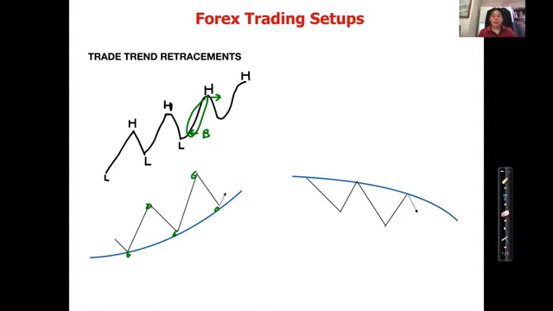So every time it breathes in, the moment it hits a level of support, like a moving average or a trend line, and you see some kind of bullish candlestick pattern, right? So you have to combine candlesticks with trends with moving averages. So you see a bullish engulfing, you see a pin bar, boom, you get in and buy, and you enter the trade and you take profit, wherever you want to take profit. As long as you're risking 1 to make more than 1, you are profitable, right? So that's a trend retracement on an uptrend.